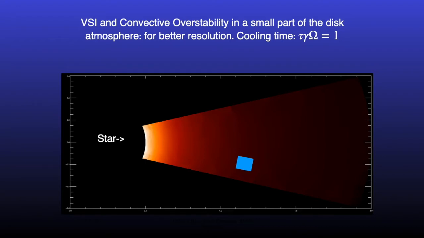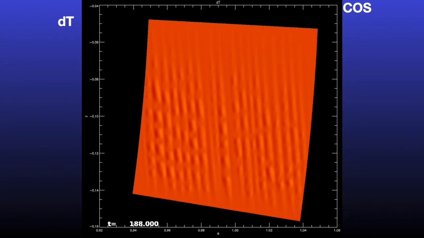If you have a large region of a disk, then you have a mismatch of many different growth times. But if you have a small region, you can expect that the growth time is relatively constant over the entire system. What I'm plotting here is the perturbation of temperature after 188 orbits.